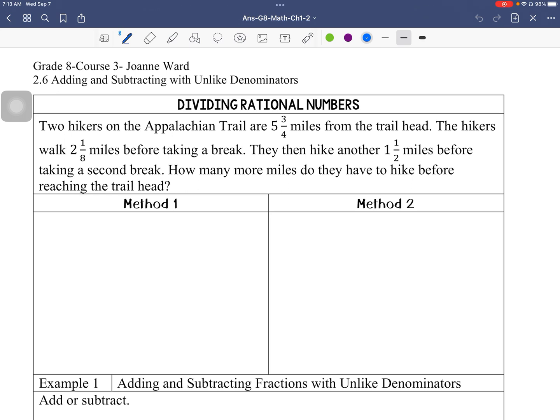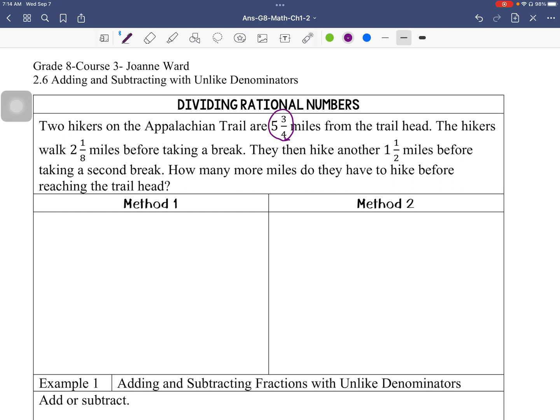Okay, so there are two methods. What I need to find is how many more miles they have to hike before reaching the trailhead. They are both 5 and 3/4 miles away from the trailhead, and the hikers walk 2 and 1/8 miles before taking a break, and then they hike another 1.5 miles before taking a second break.